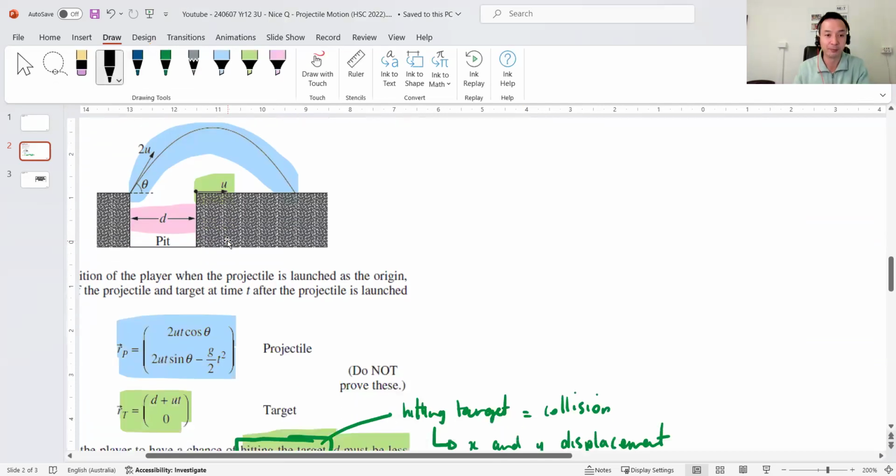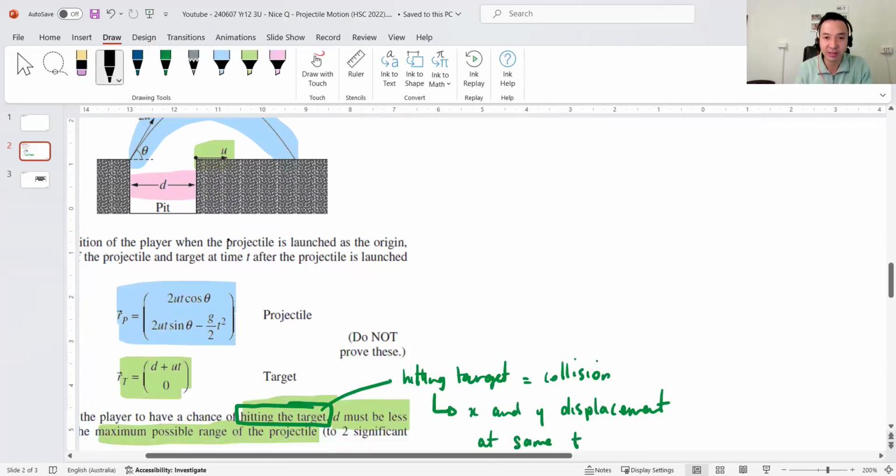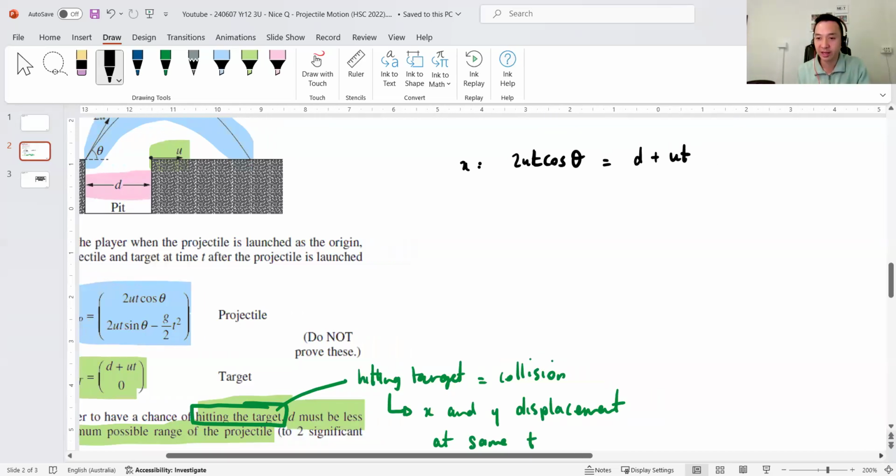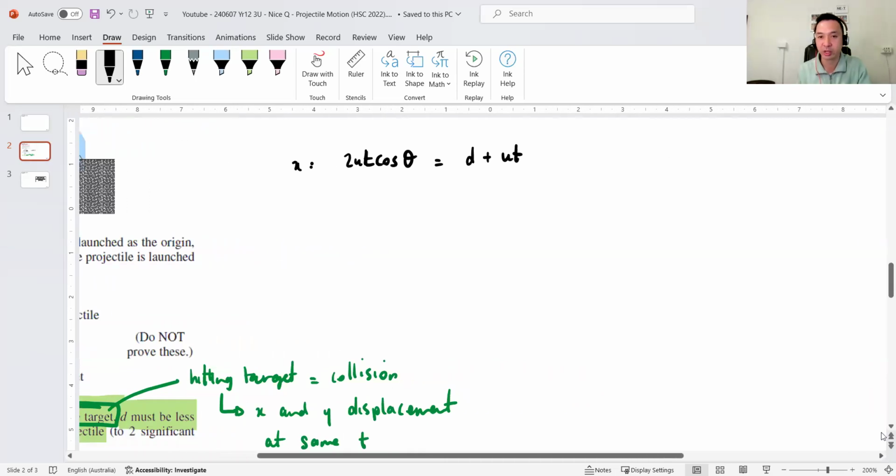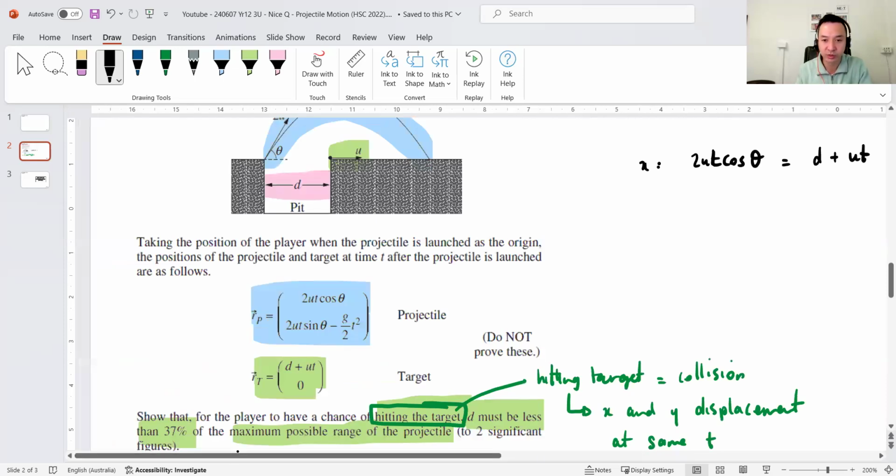So I'm going to set the X displacement, 2ut cos theta, equal to the X displacement for the target. And I don't really know where this is going, so at the same time, I'm going to set the Y displacement now: 2ut sine theta.